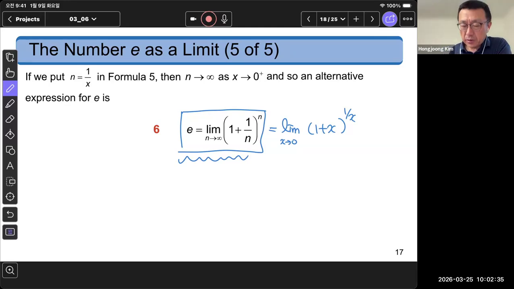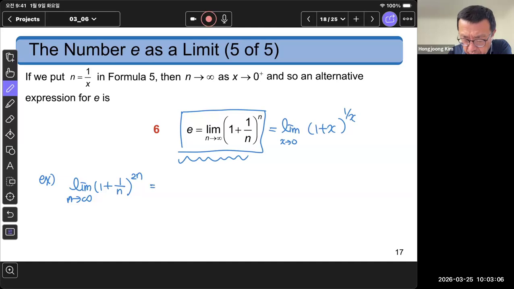So as an example, if I have the limit of (1 plus 1 over n) to the 2n, and I let n go to infinity, then n goes to infinity and I have 1 over n, that is fine, but I have 2n, that is the exponent.